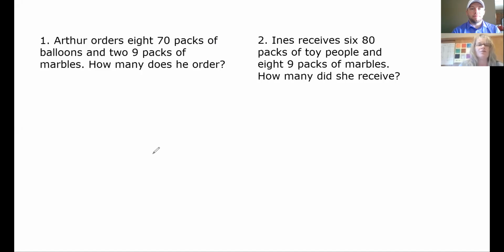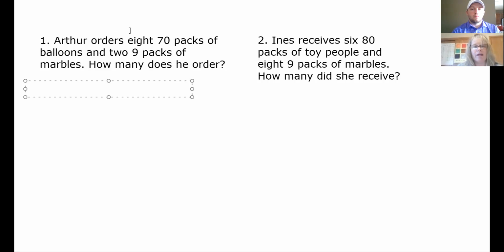Okay. So in this case, here's the text box that you can type in, or you can use the pencil as well. If I hit the text box, you can see that's where I'm going to start typing. It says Arthur orders 8 70 packs.